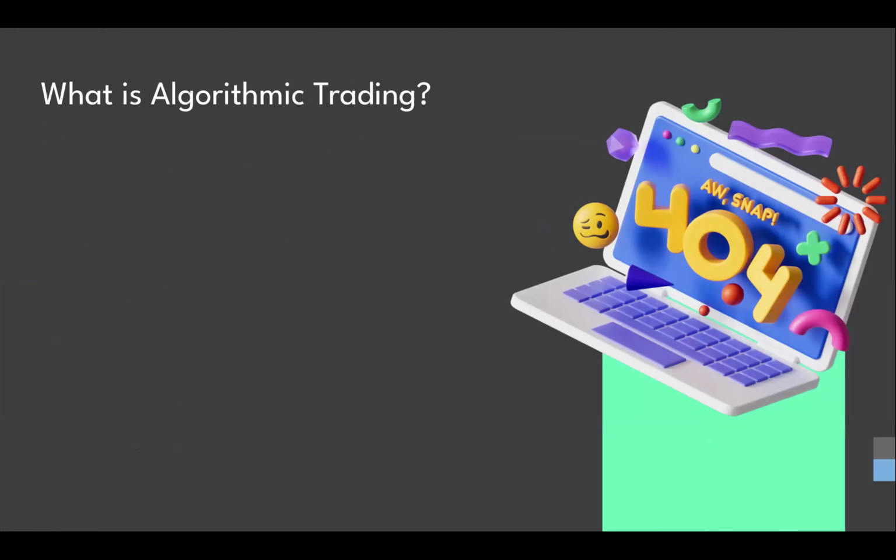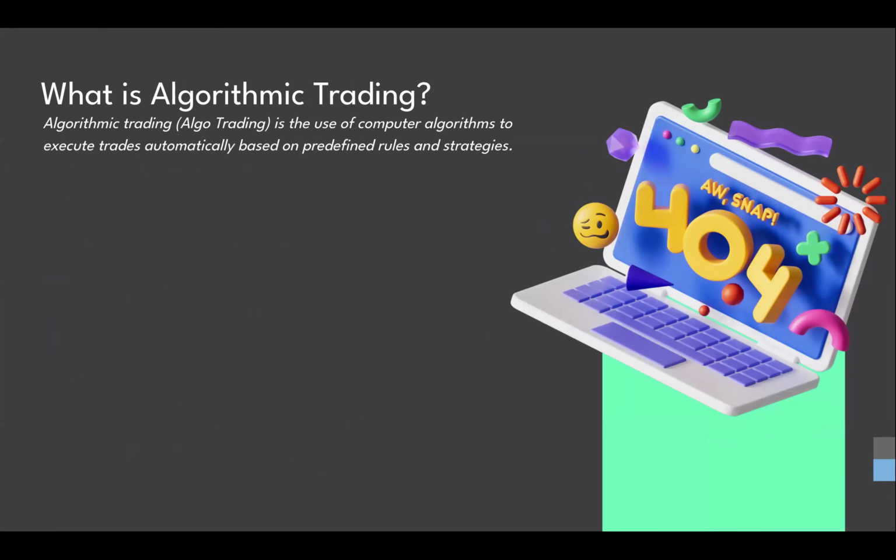And another concept that I want us to also cover is what is algorithmic trading. So algorithmic trading is using an algorithm to trade. You define certain rules and strategies that you want the machine to use in order to trade automatically for you, without you doing it.